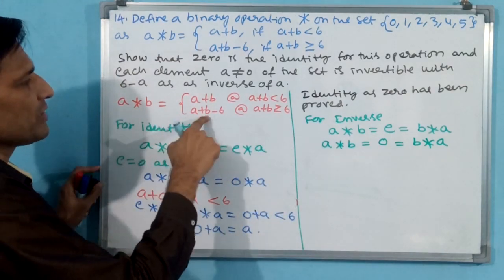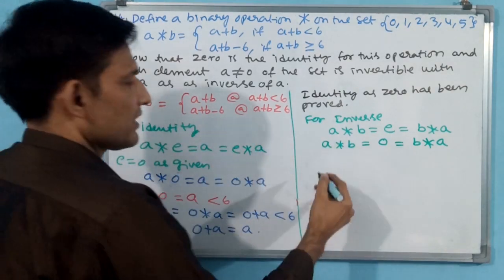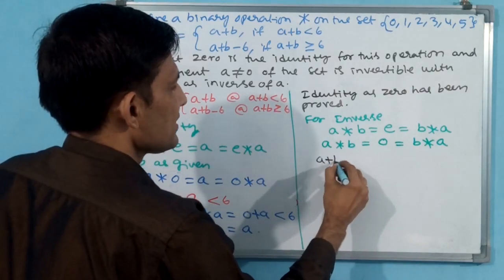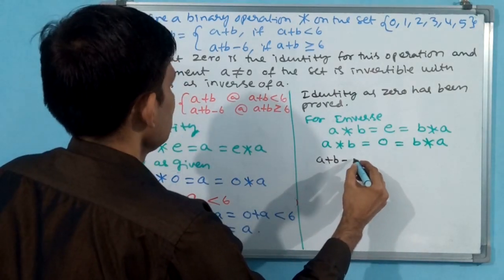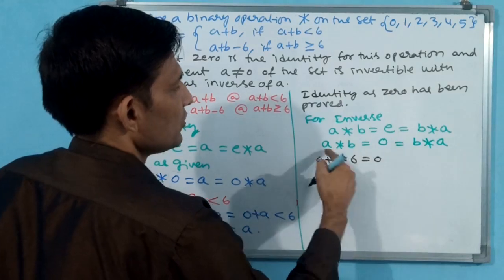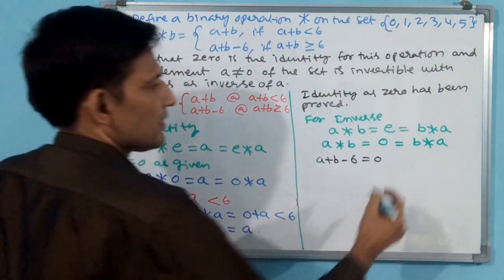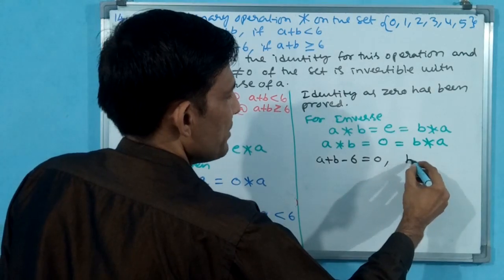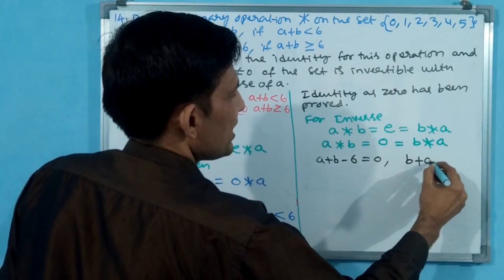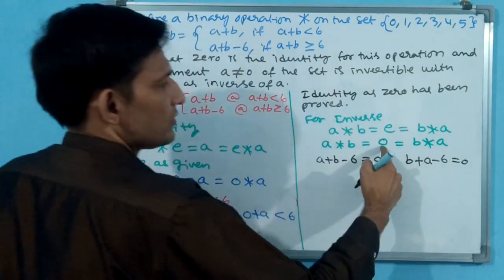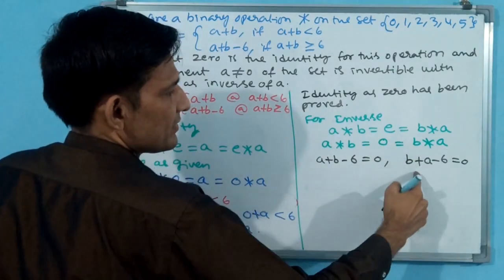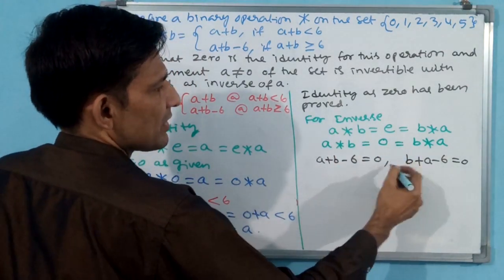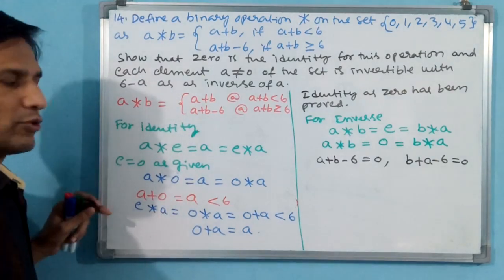A star B is equal to A plus B minus 6. Now I write like this: A plus B minus 6 is equal to 0. LHS I have taken. RHS also: B plus A minus 6 is equal to 0. B star A is this one, A star B is this one. I have made commas. You understand?